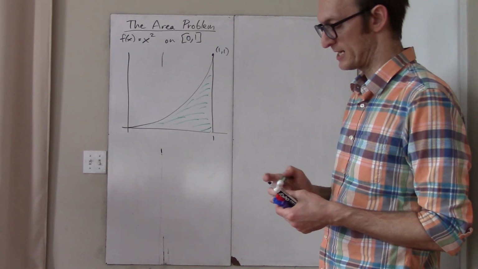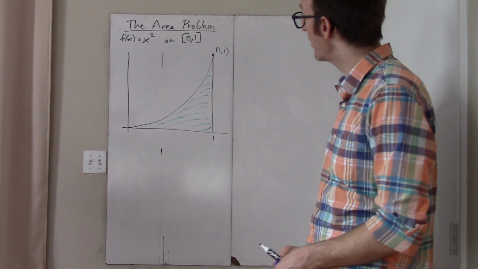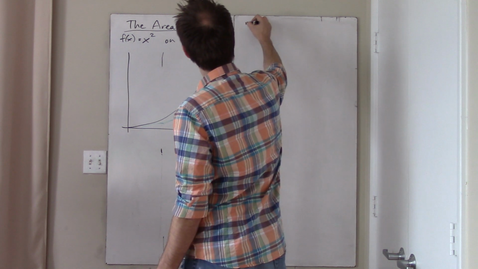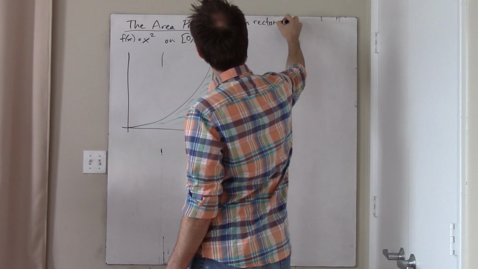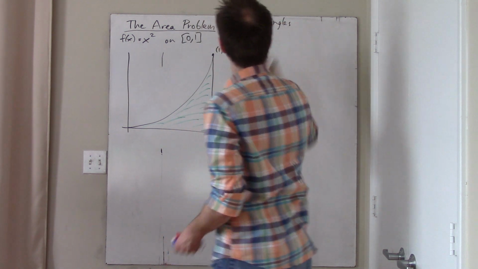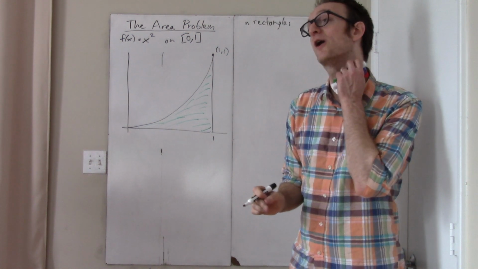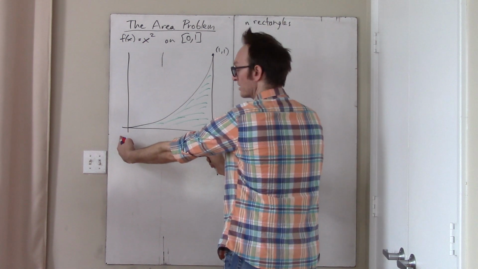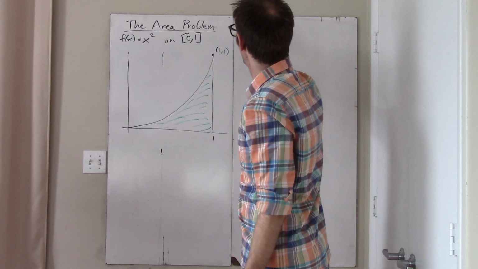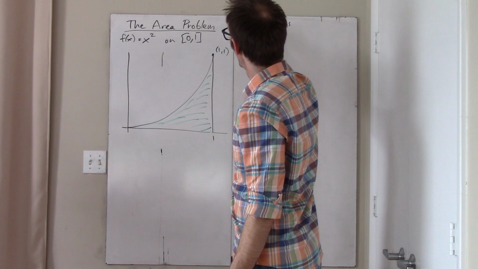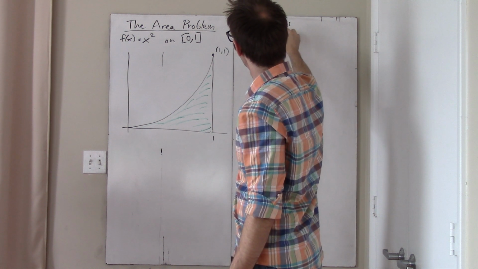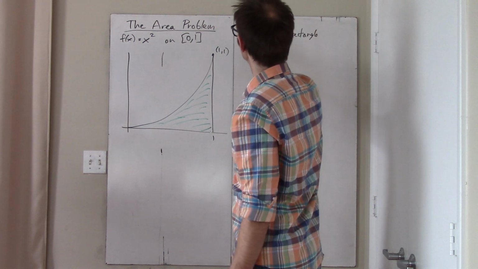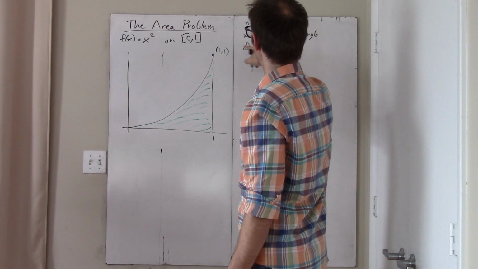And now I'm going to approximate it. How many rectangles am I going to use? Answer: n. Well, if I'm going to use n rectangles, then how wide should each one of them be? Since this entire interval has length 1, the width of each rectangle, which you might call delta x, should be 1 over n.